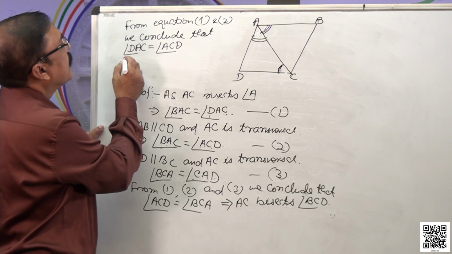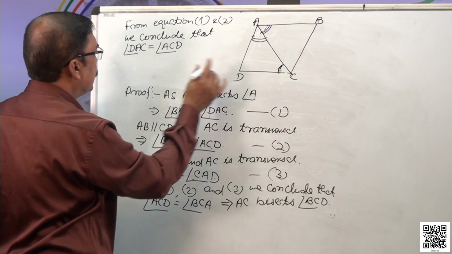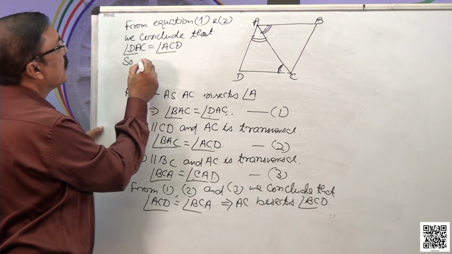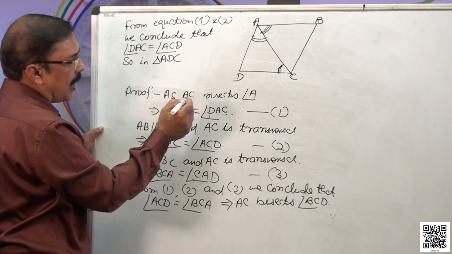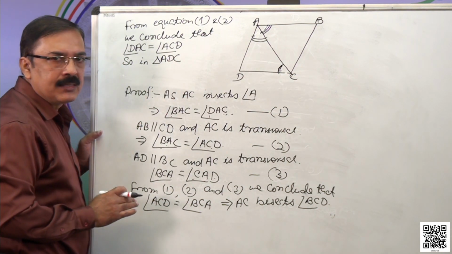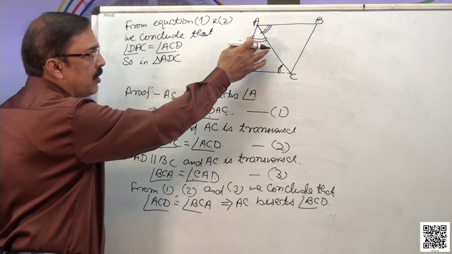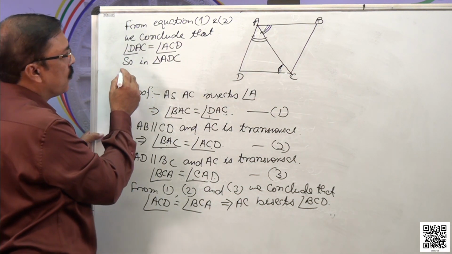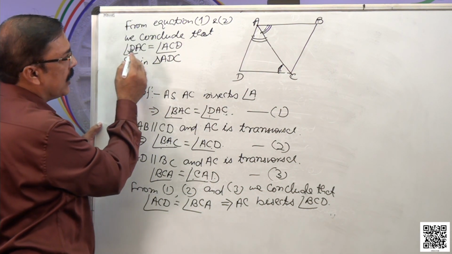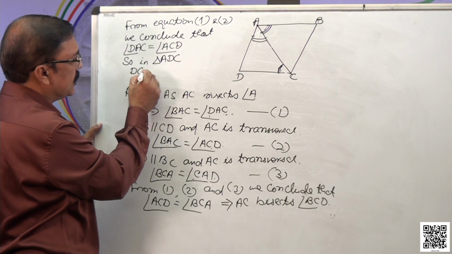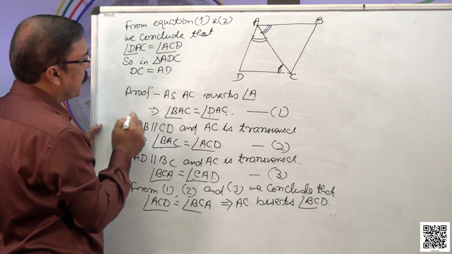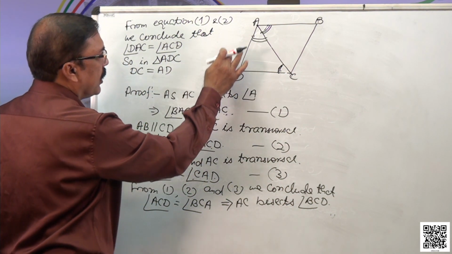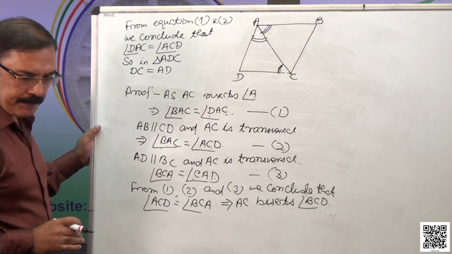They are in triangle ADC. So in triangle ADC, as two angles are equal, their opposite sides will also be equal. The opposite side of DAC is DC and the opposite side of ACD is AD. That means CD equal to AD.